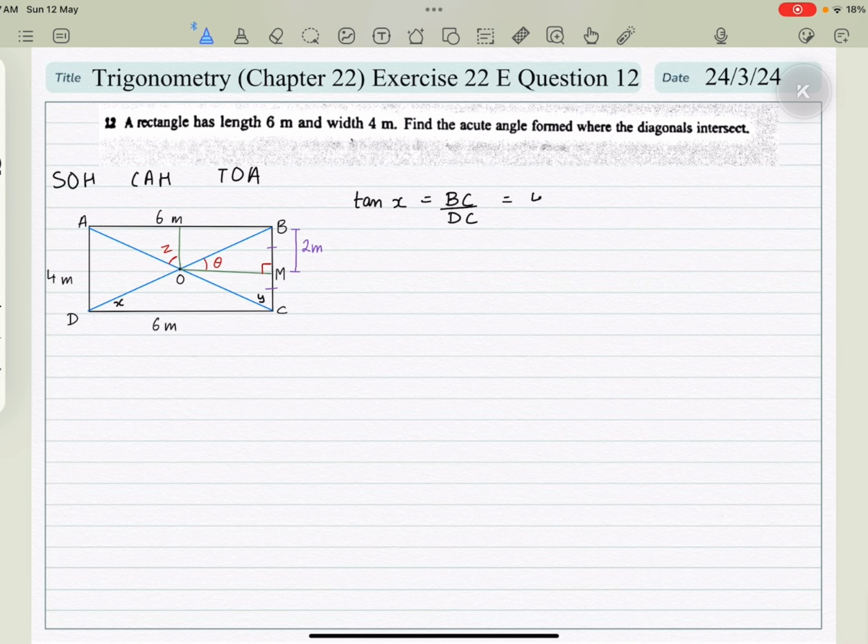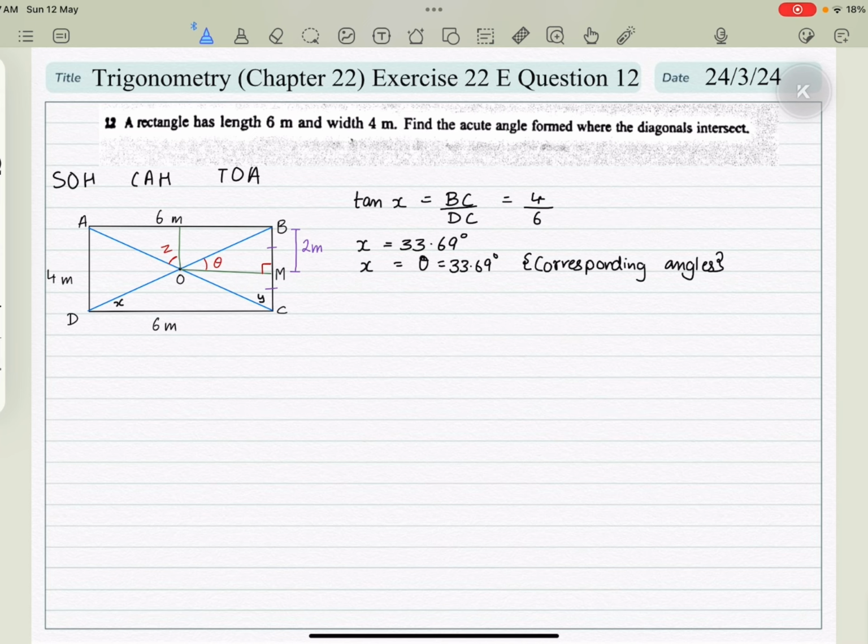BC is equal to 4, DC is equal to 6, so tan x is equal to 4 upon 6. From here you can calculate x, and x will be 33.69 degrees. Once you know that, you can say that x is equal to theta, because they are corresponding angles, and theta is also equal to 33.69.